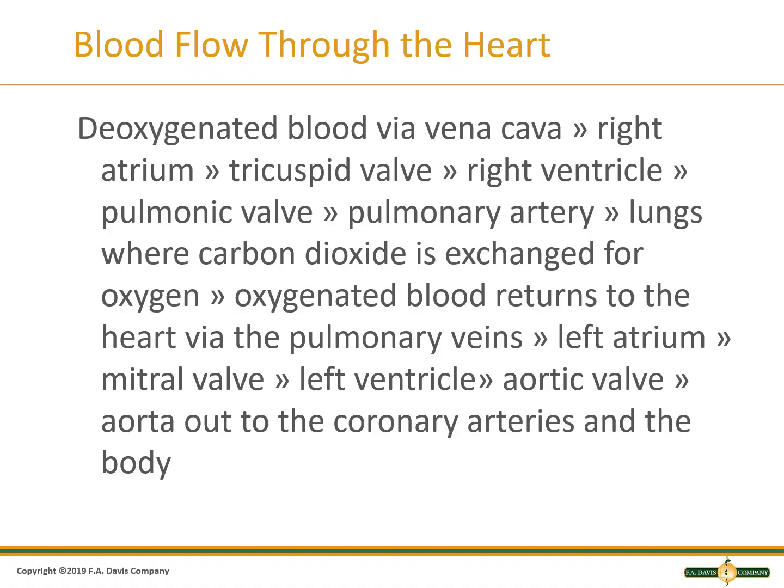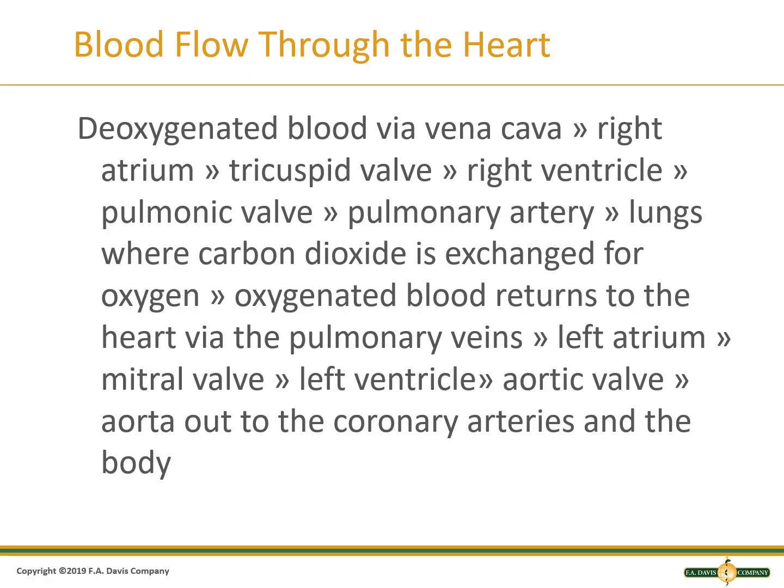That's where everything gets started. So blood is returning to the heart via the superior and inferior vena cava into the right atrium. From the right atrium, it will flow through the tricuspid valve. From the tricuspid valve, it flows into the right ventricle.